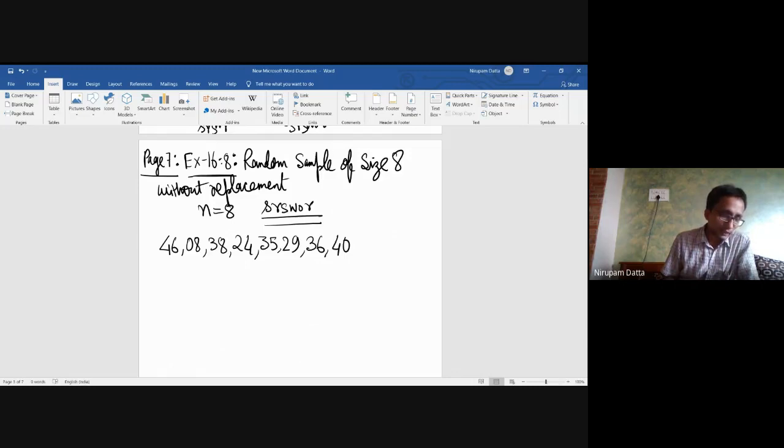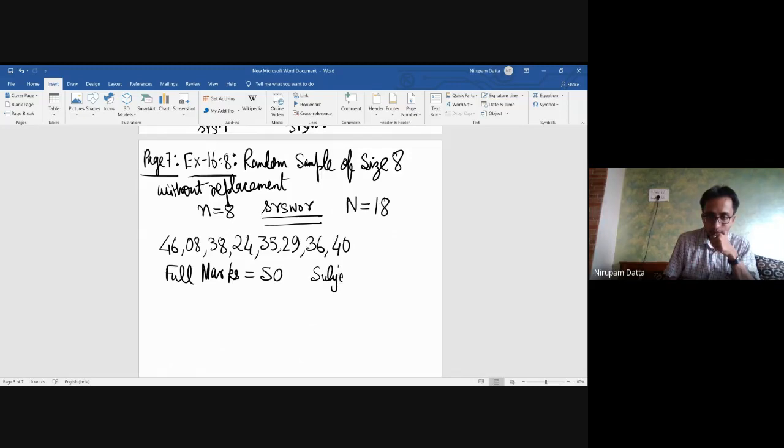So how many students are there in the class? The population size is 18. Out of which you have randomly drawn 8 students and are looking at their marks. These marks are out of a full marks of 50, not 80. And the subject is mathematics.